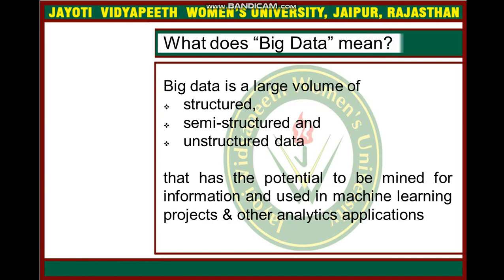What does Big Data mean? Big data is a term used to describe a gigantic amount of both organized and unstructured knowledge that is so immense that using traditional database and programming methods it is impossible to handle.